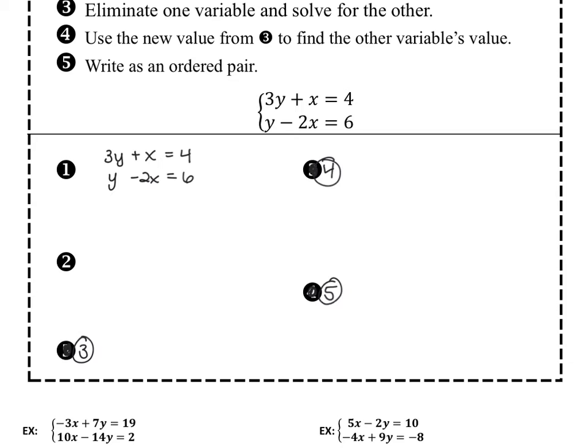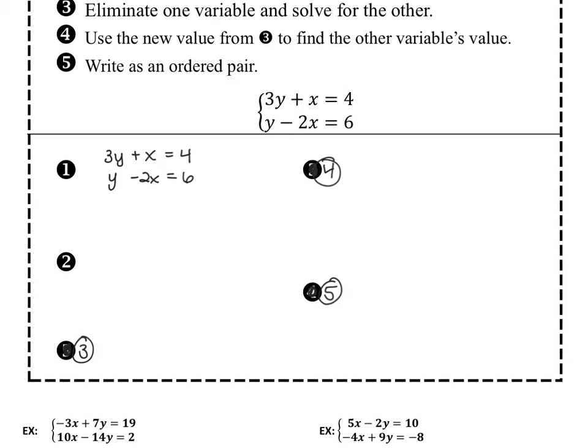Now, what I want to do is eliminate a variable. Okay. Now here are my options. I could choose to eliminate y, but to eliminate y, since this already has a positive 3, this y would need to be a negative 3.